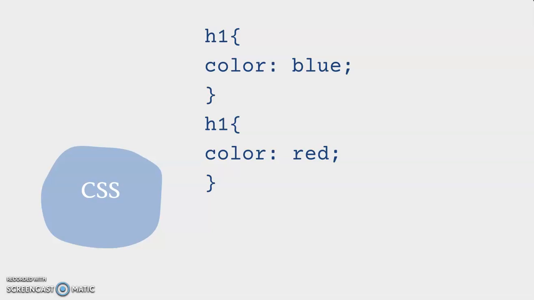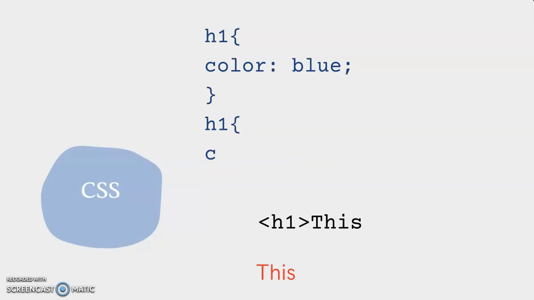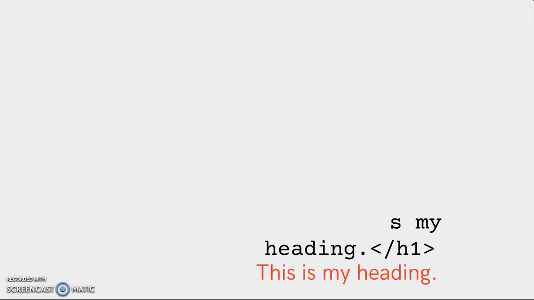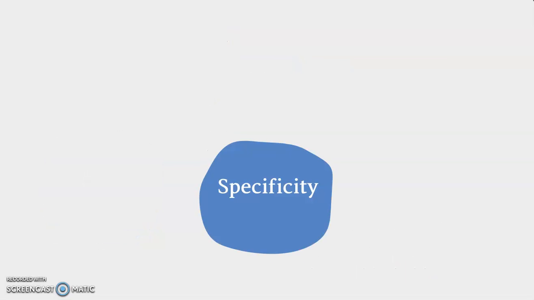The first one styles the color with the value of blue, and the second declaration also styles the H1 with the color of red. Well, in this situation, because the most recent color is red, the heading is going to be red. But let's talk about specificity.